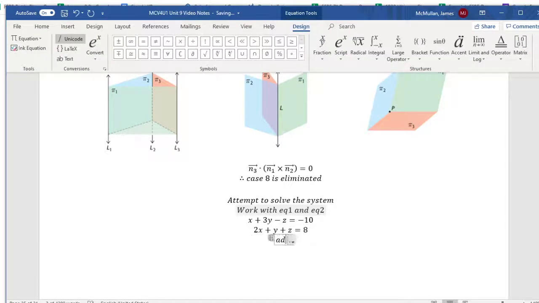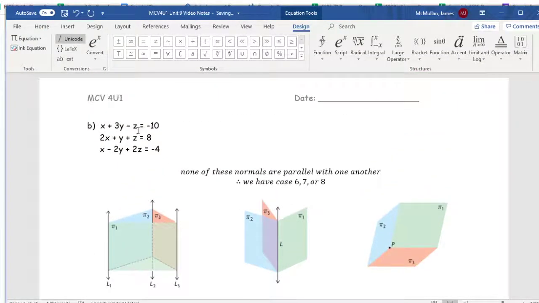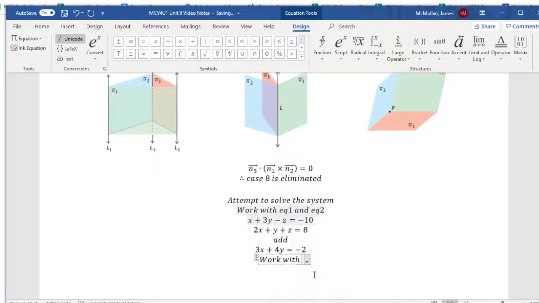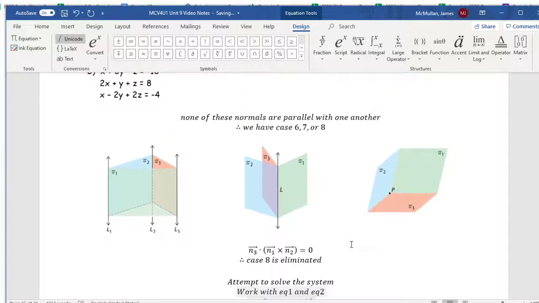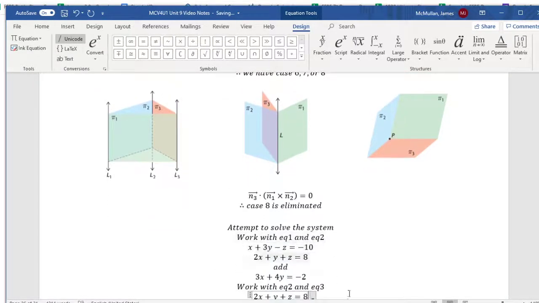I can just add these together. 3x plus 4y, z and z eliminate, and then I get negative 2. Now which would be easier to eliminate z? It doesn't matter because they both have the same thing, so let's work with 2 and 3. Equation 2 we already have, 2x plus y plus z equals 8. Equation 3, x minus 2y plus 2z is negative 4.